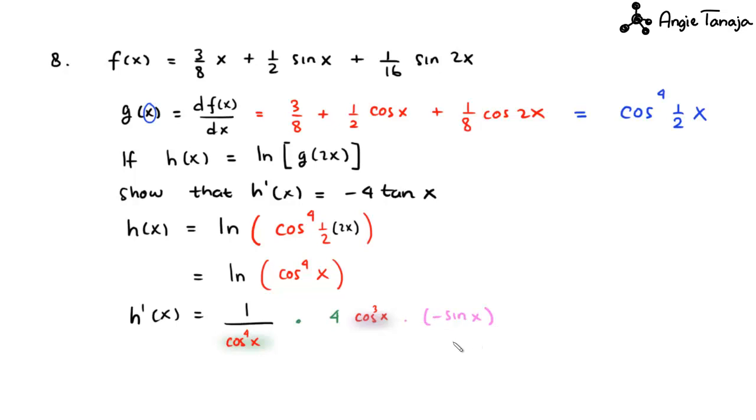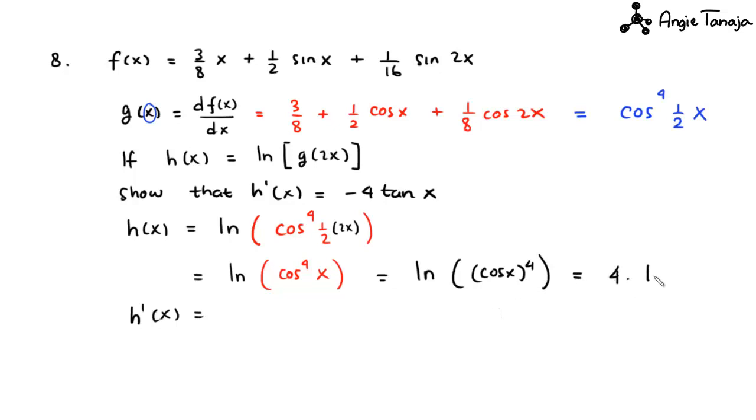Oke, saya ulang deh. Kita lihat ya path-nya ya. So let me rewrite this to be ln cos x to the 4 like this. And let me just simplify to be 4 ln cos x. I think this one is easier. Okay?